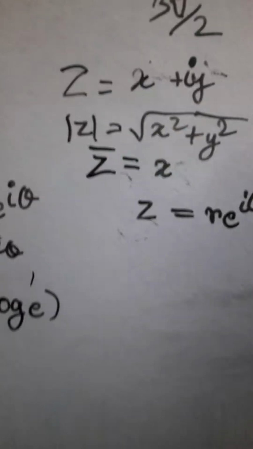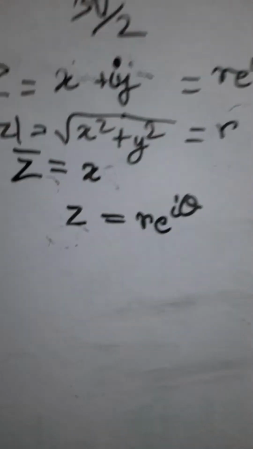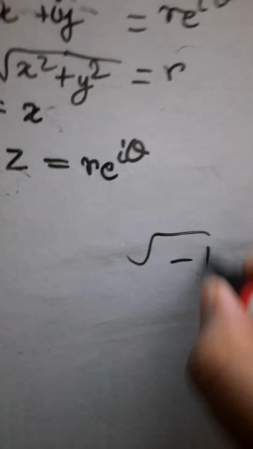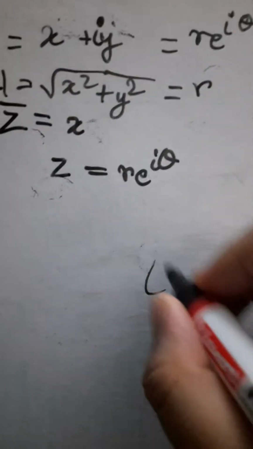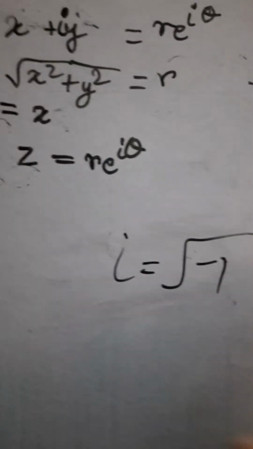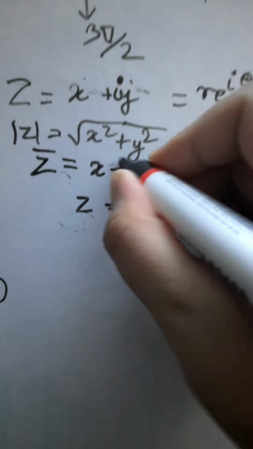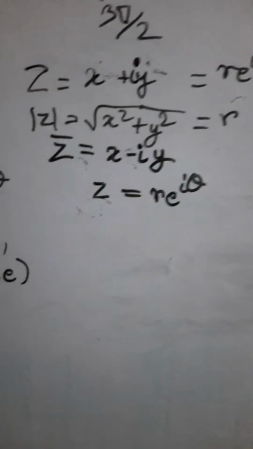Direction is described by our imaginary part, the i part. i is the imaginary number, iota, root of minus 1, you must know that, right? So we change the imaginary part's sign, so that would be x minus iy. This is how it is. But we mostly use the polar form: z is equal to r e raised to i theta. I'm really sorry for the mistake.